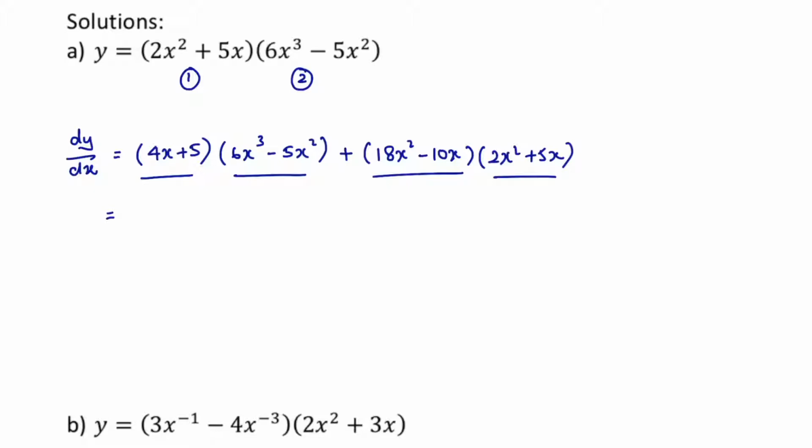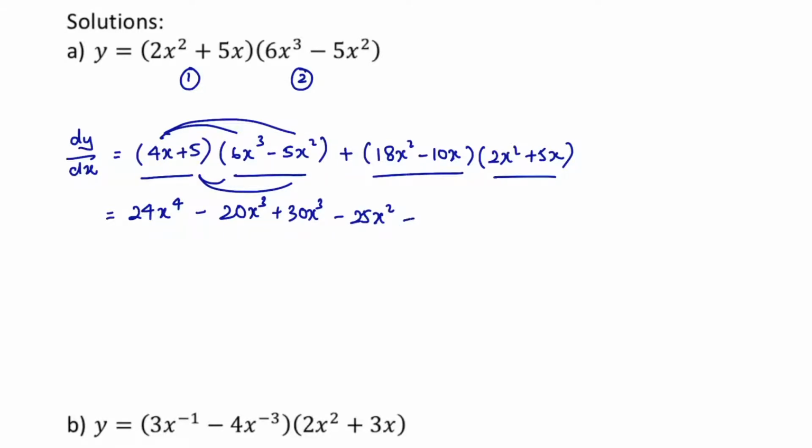So we will first have the first one here, multiply: 24x power 4 minus 20x cubed plus 30x cubed minus 25x squared.